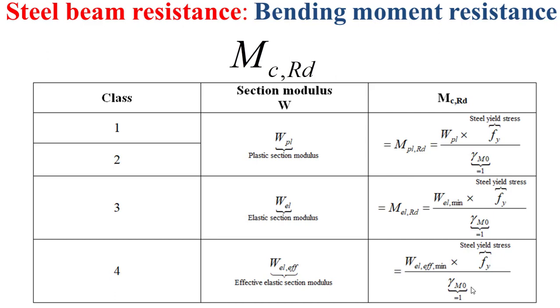And for the cross-section class 4, the cross-sectional bending moment resistance is equal to the effective elastic section modulus multiplied by the steel yield stress divided by gamma M0 equal to 1.